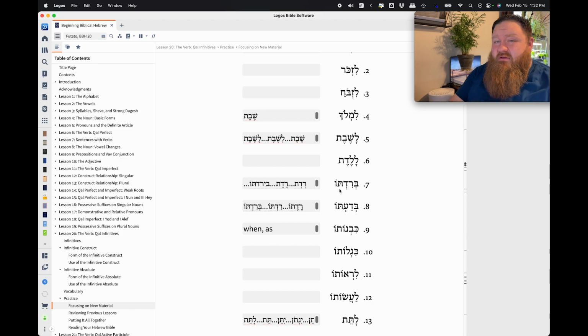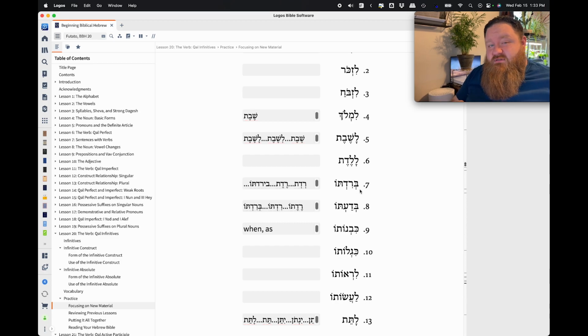Since we know it's an infinitive construct, we can probably just take the holam vav ending off as a subject or object suffix, what we call a pronoun suffix. That would leave us with beit reish dalet tav. So now that we've taken off the holam vav, is it more likely that tav is added to the ending, where our root would be barad, or should we look at this as beit added to the beginning of the root radat? Either way, it doesn't work.